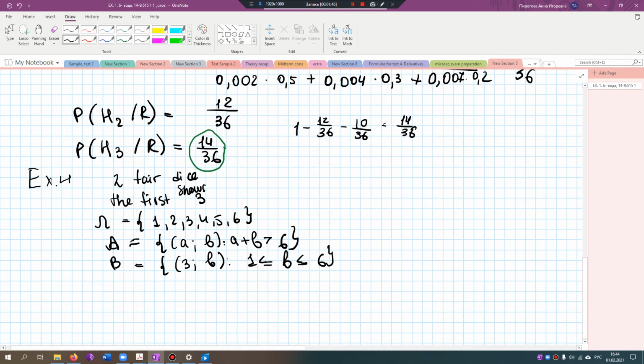And we need to find the intersection of the events A and B. So this will be this set. Firstly, when the first die shows 3 and the second one shows at least 4, because in this case the sum will be 7, which is greater than 6.